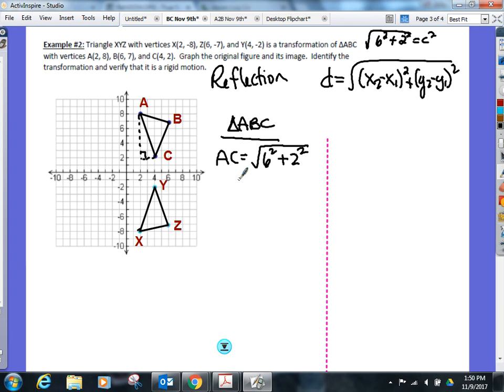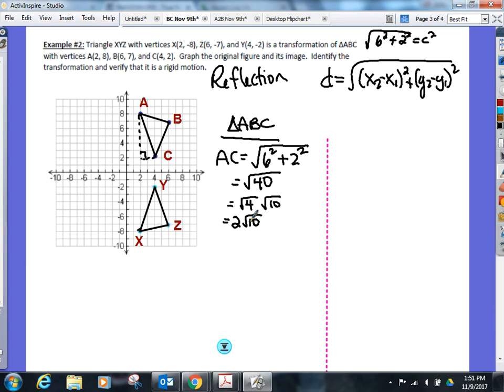So here I end up with square root of 40. And the other half of learning a cool trick is, yes, break it down. Biggest perfect square that goes into 40? 4 and 10. So this ends up being 2 square root 10 for AC.